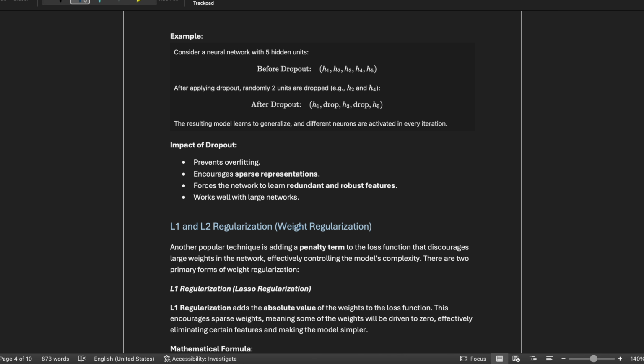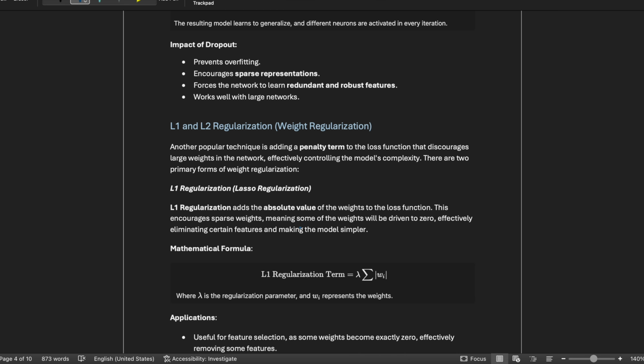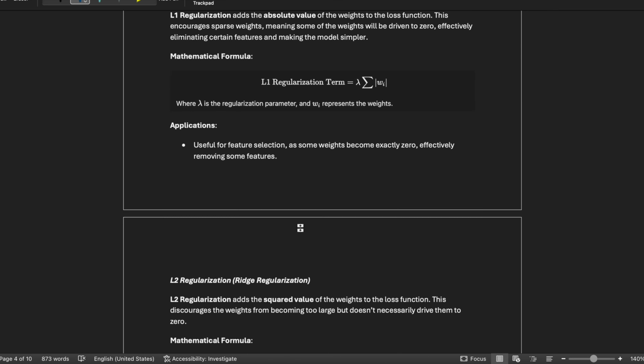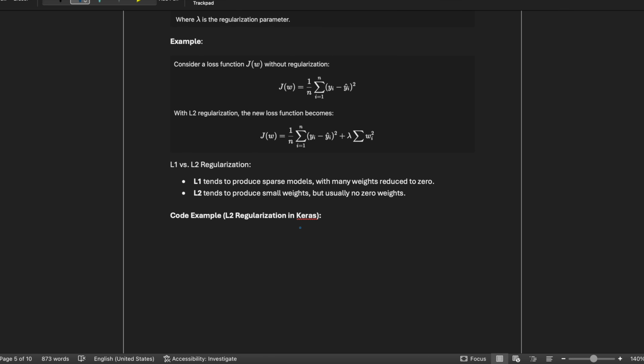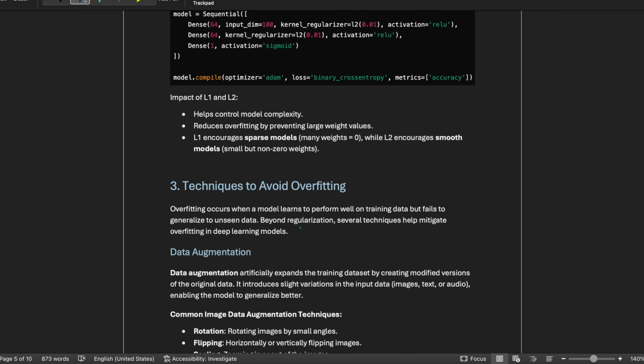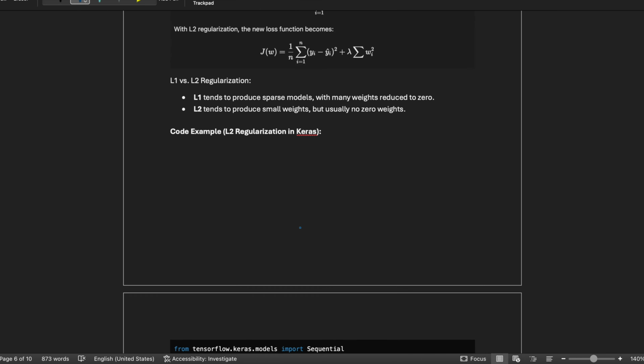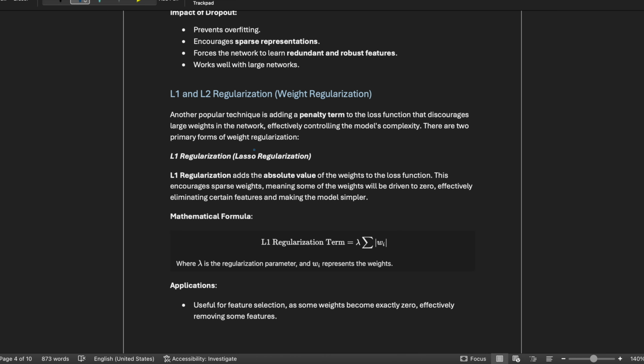And then we have L1 and L2 regularization. I hope you already covered it in data science, so we'll be having a quick revision of L1 and L2 regularization. Another popular technique is adding a penalty term to the loss function that discourages large weights in the network, effectively controlling the model's complexity. There are two primary forms of weight regularization.